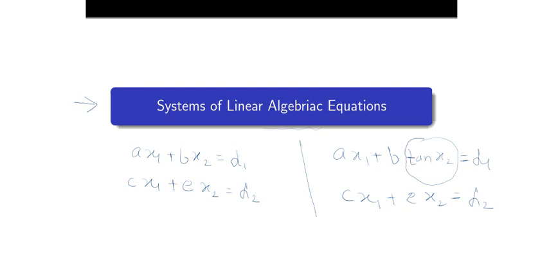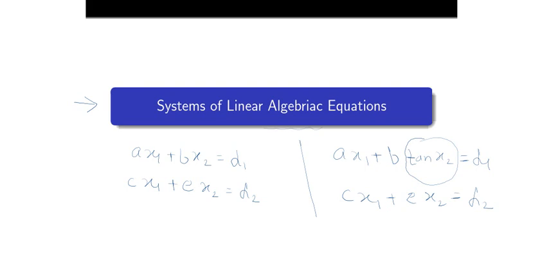If in any equation a transcendental function of an unknown appears, we call it a system of non-linear transcendental equations, and there are other names attached to them.